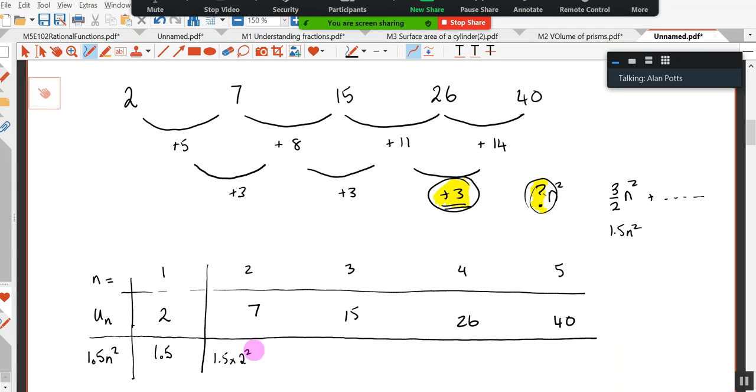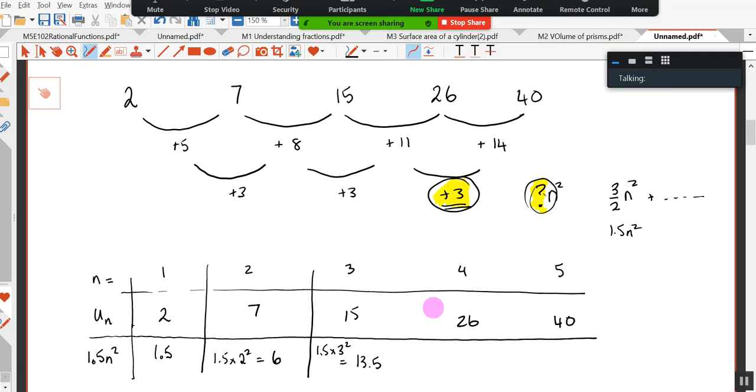And what do I get? 1.5 times 4, which is 6. Okay. This would be 1.5 times 3 squared, which is 13.5.